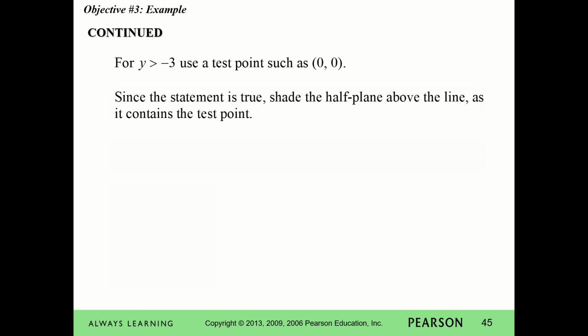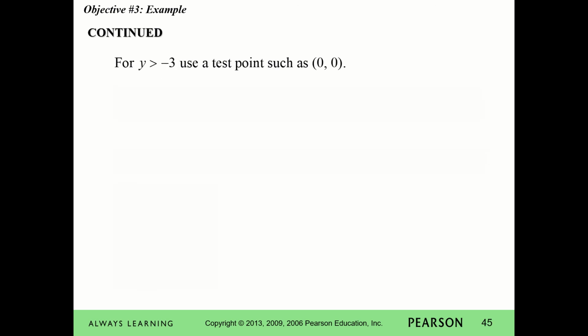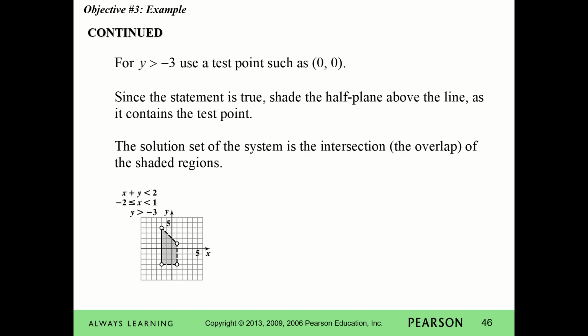So we find out that the test point works for all of these statements. It's true for all of them. So essentially, you're just going to graph the section that has 0, 0 in it. So after you graph those four lines, you just graph the portion that 0, 0 corresponds to, which is that middle part in there.